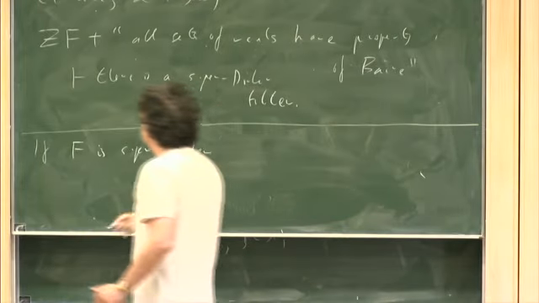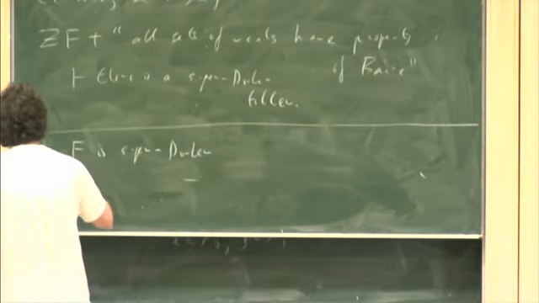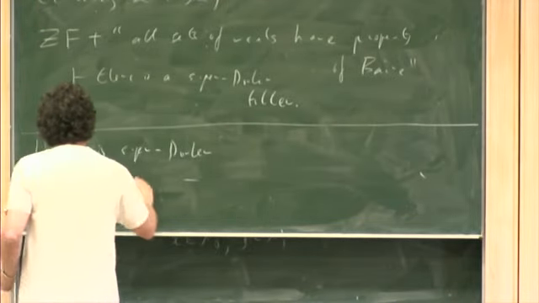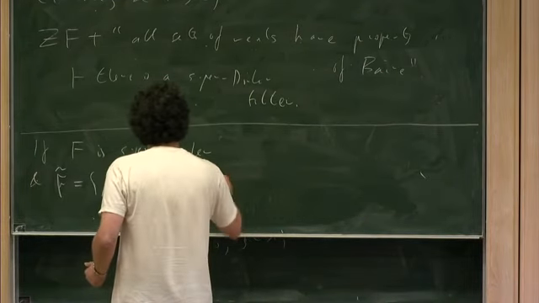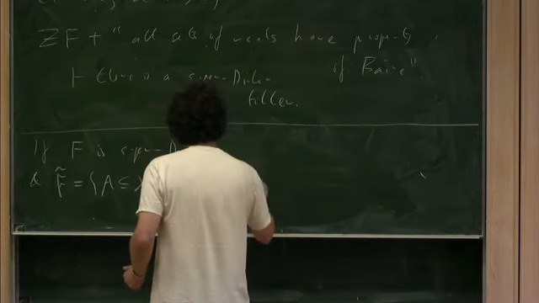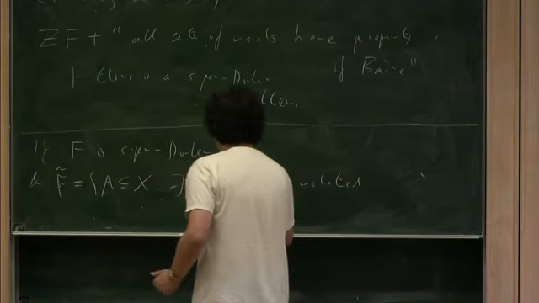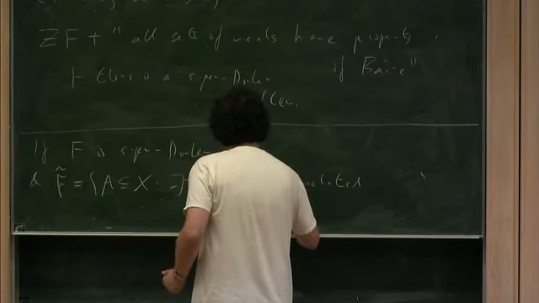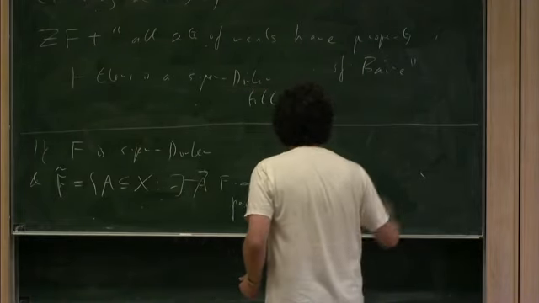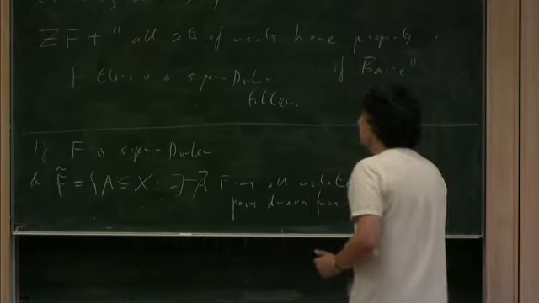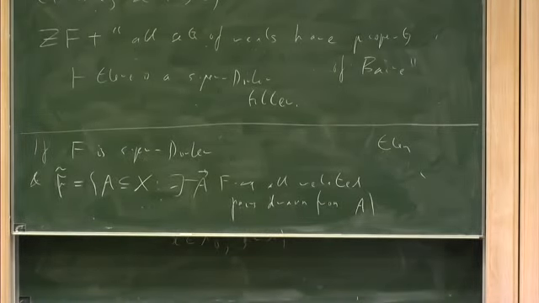So we say F twiddle is the collection of A contained in X such that there is an F sequence such that all related pairs are drawn from A. Well, then actually this is an ultrafilter containing F.